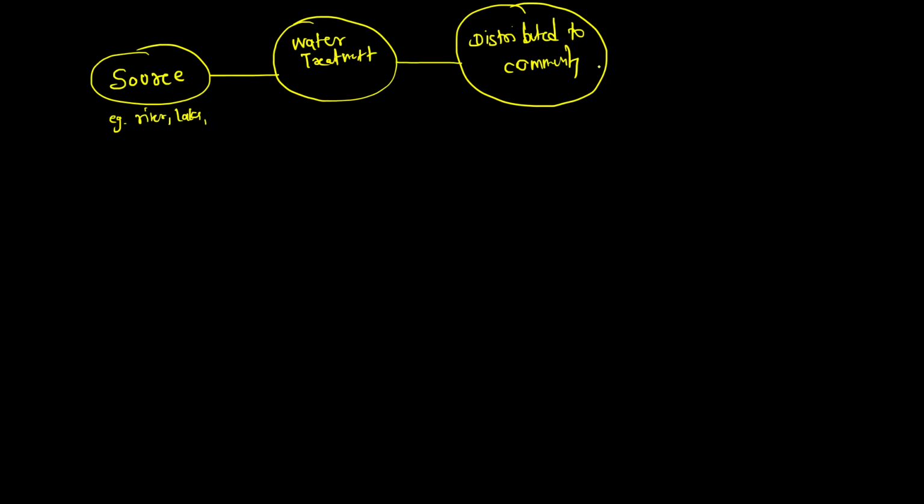Now after the distribution of water, this water is used by the community people, maybe for domestic purposes or for industrial purposes. If I say that we are giving 100% of the water to the community, then this 100% of the water is not consumed by the community. Some of it is consumed and most of it comes out as waste. To understand this, you can take the example of bathing. If you are taking a bath, is that water getting consumed?